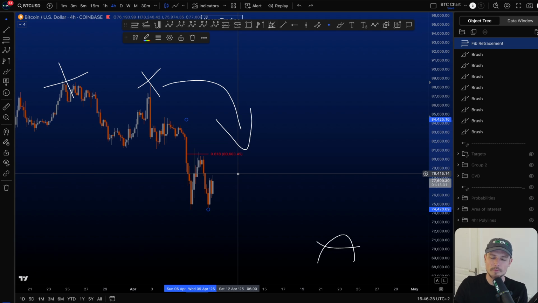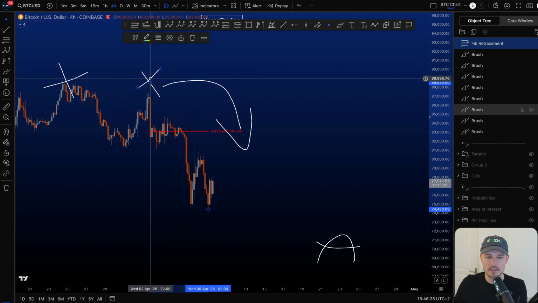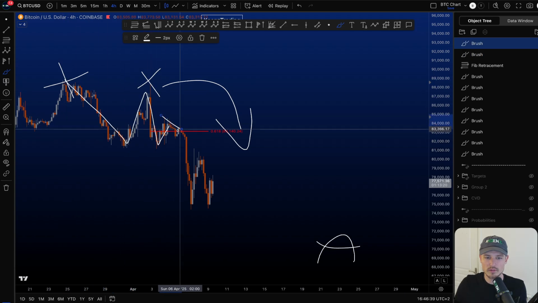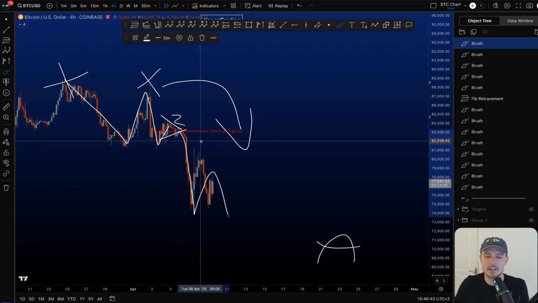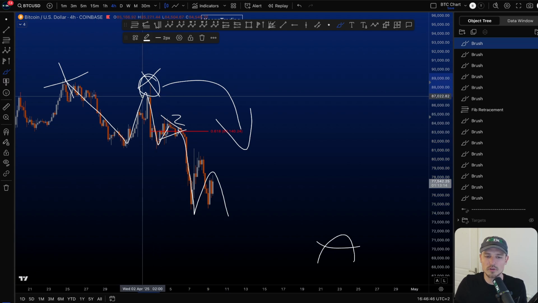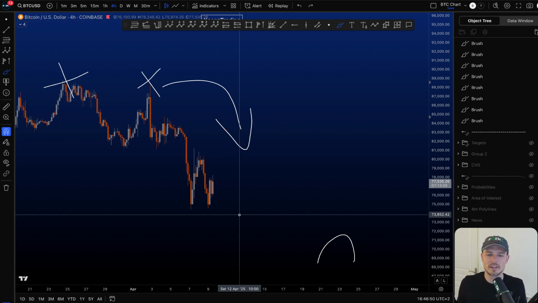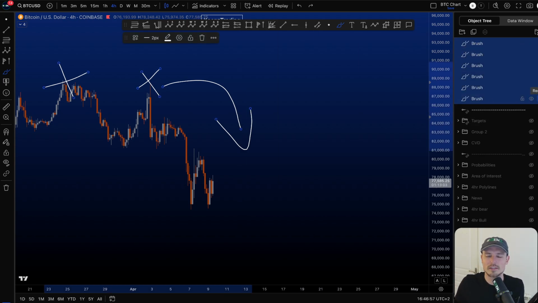The only way that you can kind of get away with it, I suppose, is if you take the Fib from this high and count a wave 1, WX, triangle in Y, that's the end of your 2, and then 3, 4, 5, and then you take the Fib from the highest point of 2 to the low of 3. But that is generally not really something that one does. So it's a little bit like cheating the system. It just doesn't really carry the greatest probabilities doing it like that.